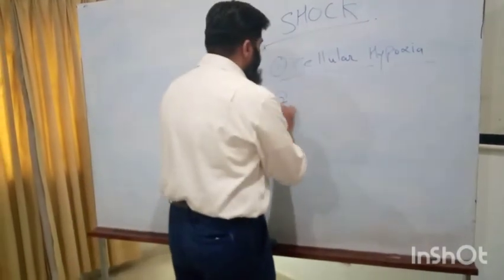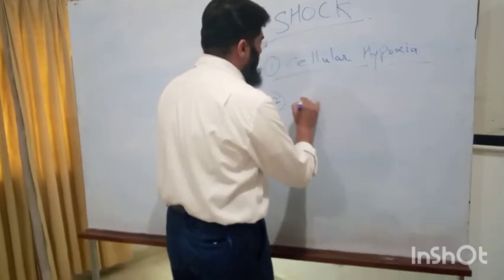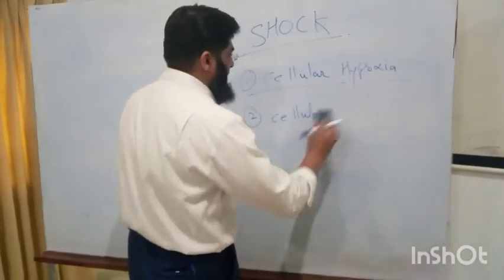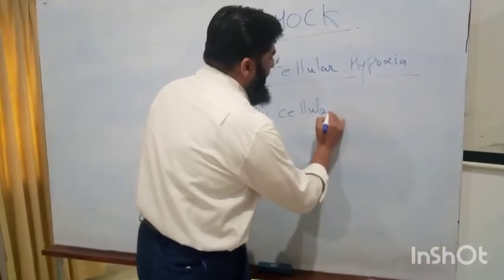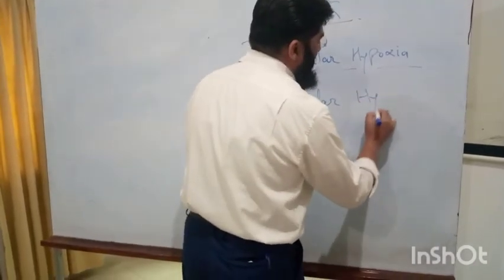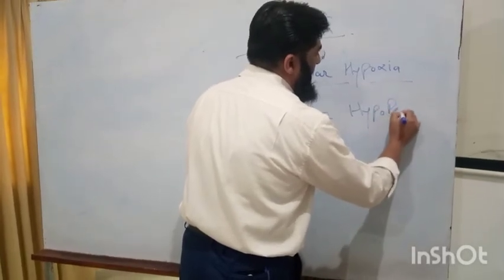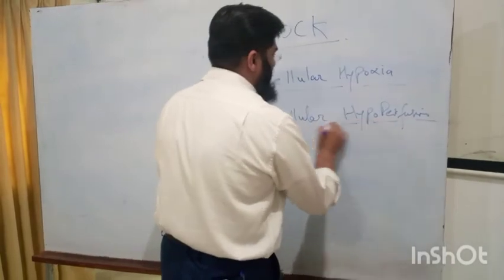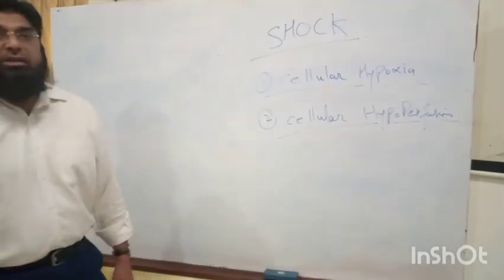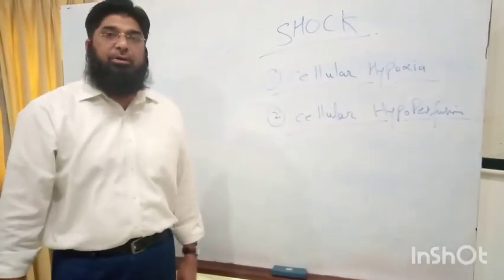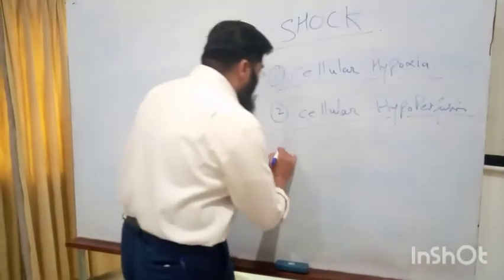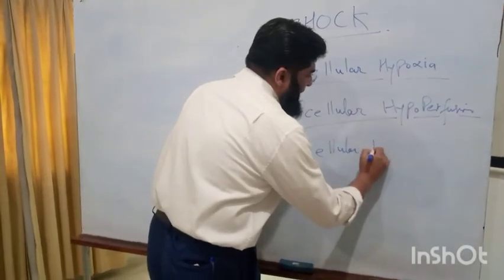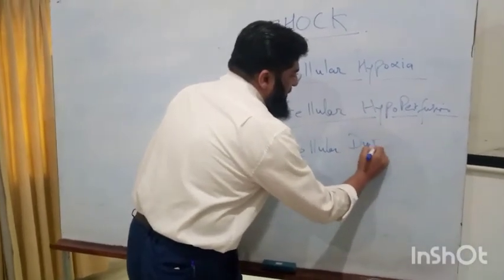Number two, cellular hypoperfusion. And number third and last, cellular dysfunction. That is loss of function.